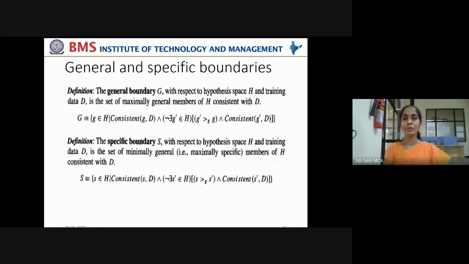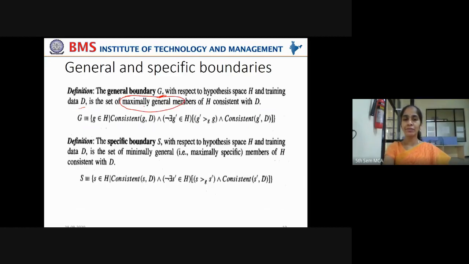Now let us understand those two definitions of general and specific boundaries. See this definition: the general boundary G, that is your last line in the figure, with respect to hypothesis space H and training data D, is the set of maximally general members. Remember this term.